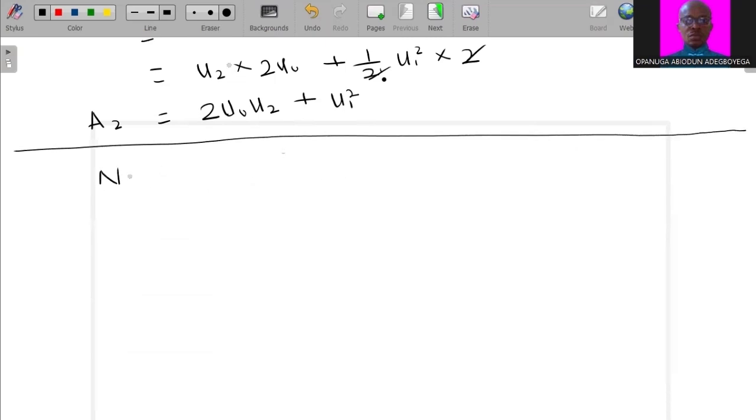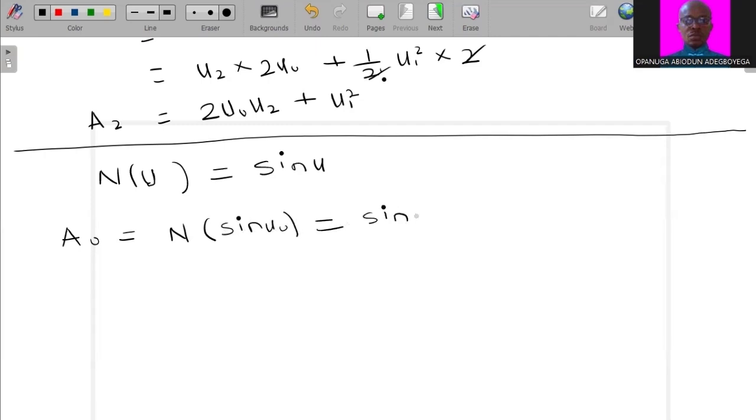Suppose we have a sine function such as sine u. For A_0, this will be N of u_0, which is sine u_0.